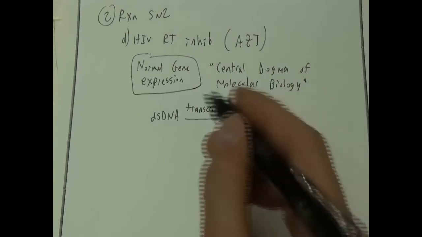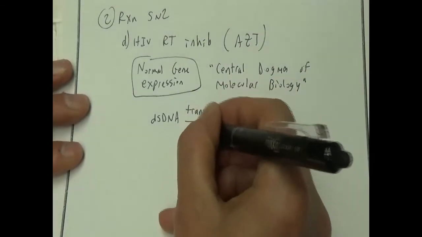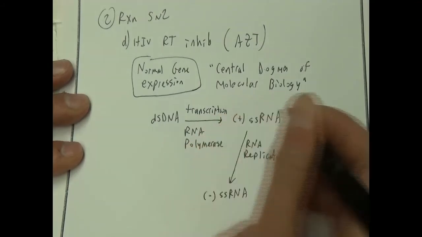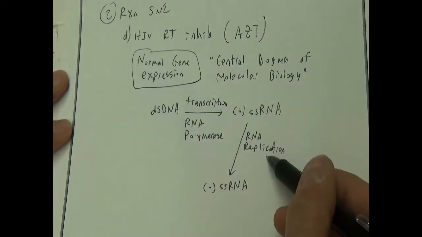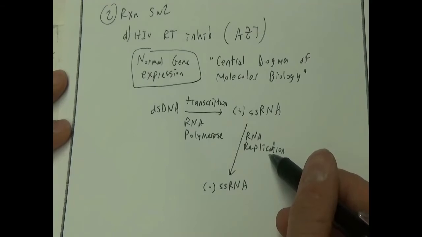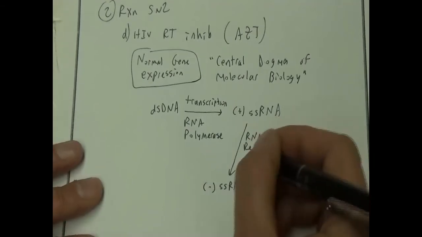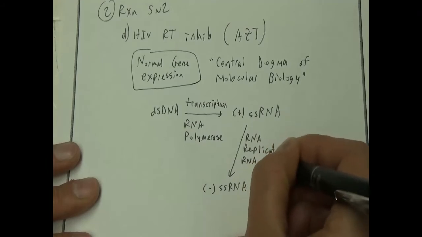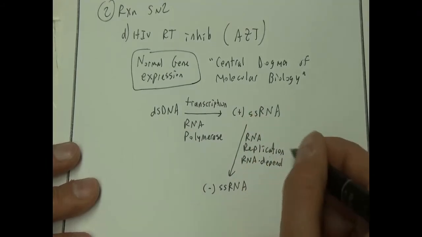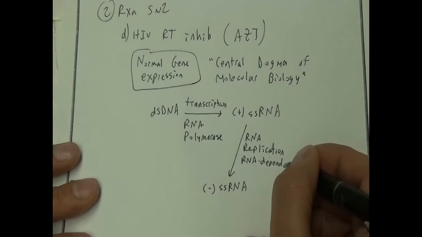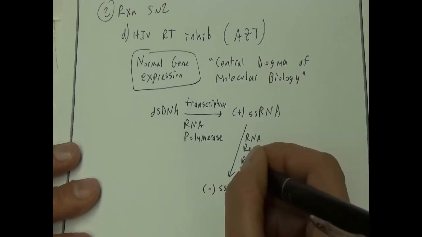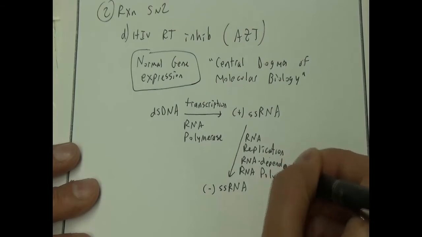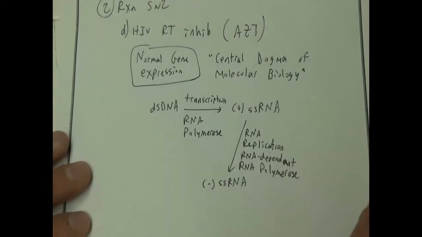This is called RNA polymerase. This is a different RNA polymerase. It's called RNA-dependent RNA polymerase. RNA dependent, because it's depending on another strand of RNA.